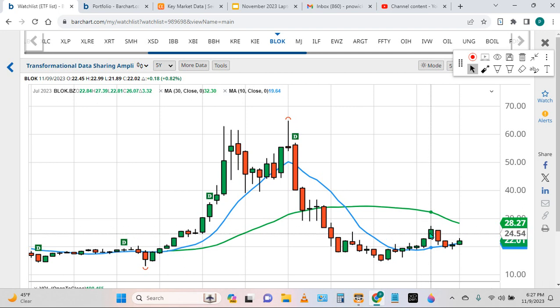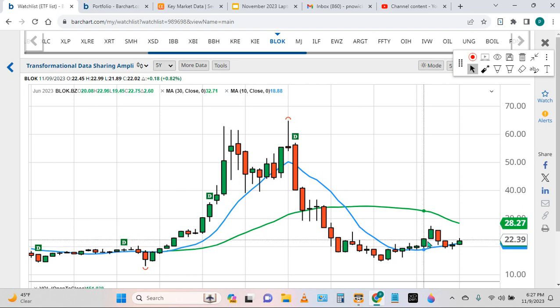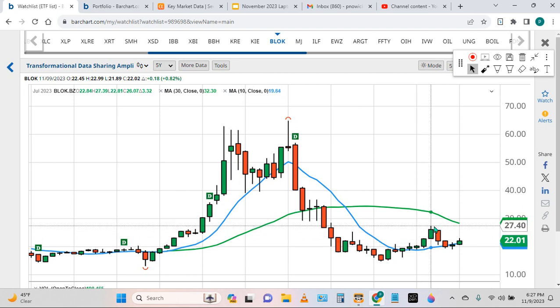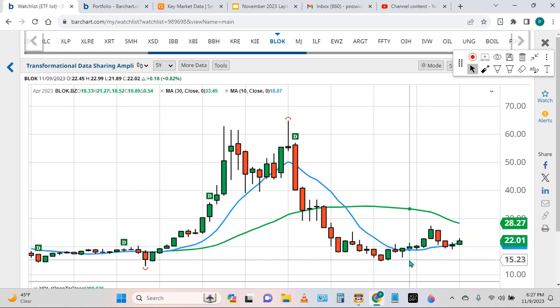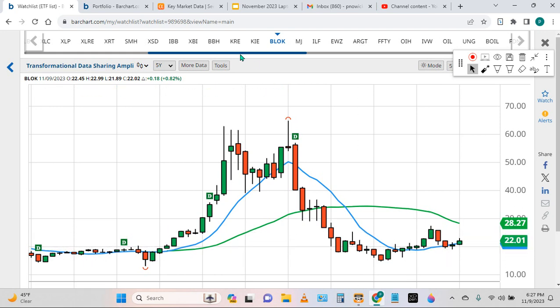We had some price appreciation in June and July this year, and then it sold off, and now looks like we may have made a higher low. See this low point and this low here, where this could turn up based on this monthly chart. So that may be one of those you want to put on your list to just watch.